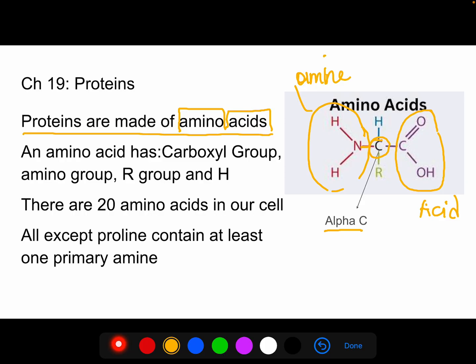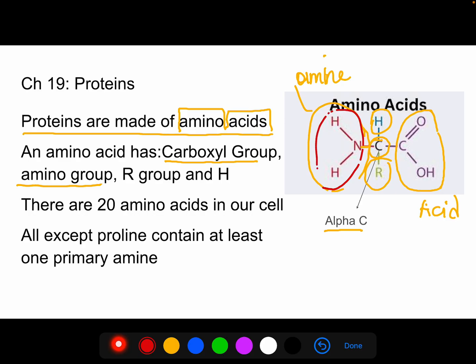Okay, amino acids have a carboxyl group, like we circled, an amino group, and there is one H and an R group. All of the amino acids will have the COOH group and amine group.